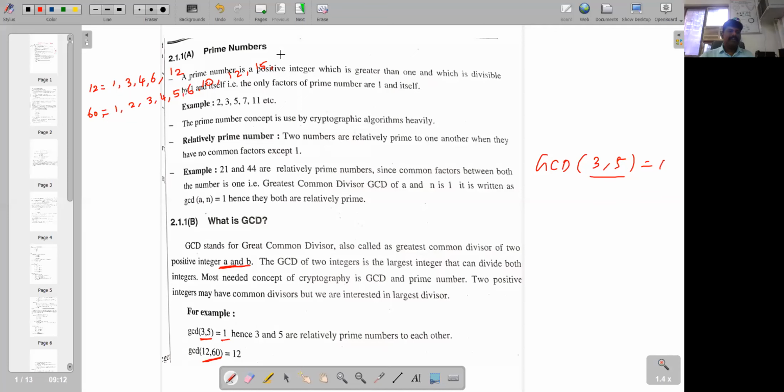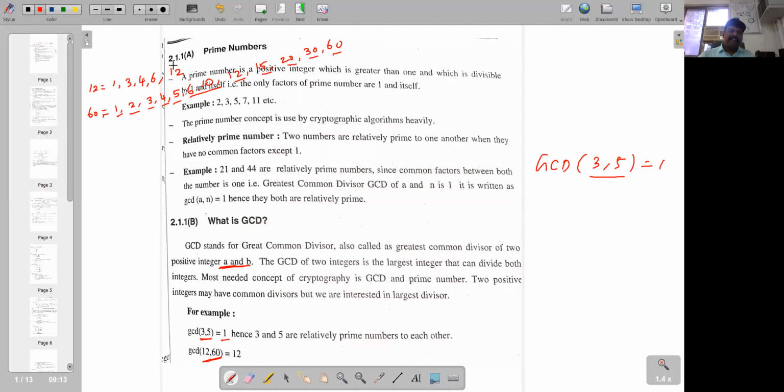Okay, and followed by, 20, 3 20s are 60, and then 2 30s are 60, and followed by 60. You can see that if you multiply these two values, you will get it: 1 multiplied by 60, 2 multiplied by 30, which is 60, 3 multiplied by 20 is 60, and 4 multiplied by 15 is 60, 5 multiplied by 12 is 60, and then 6 multiplied by 10 is 60.